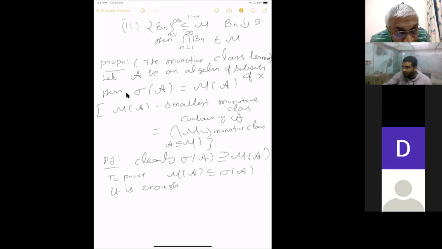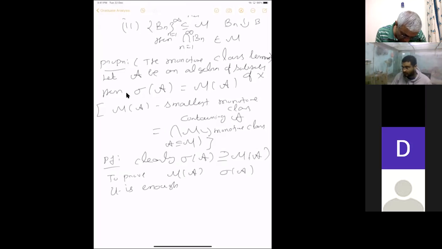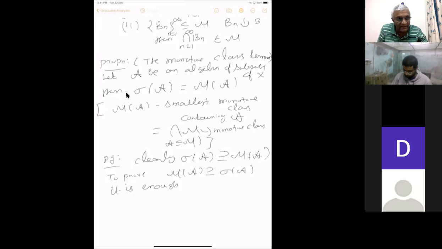Yeah, say it again. The other inclusion is monotone class generated by. Oh, sorry, I have written it the other way. Okay, correct, good, thanks. So we want to prove the monotone class contains the sigma algebra generated by A.